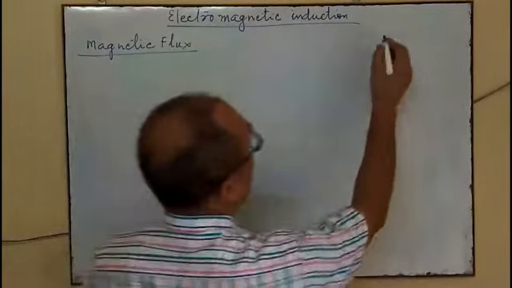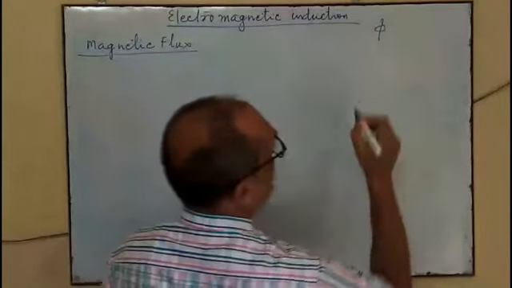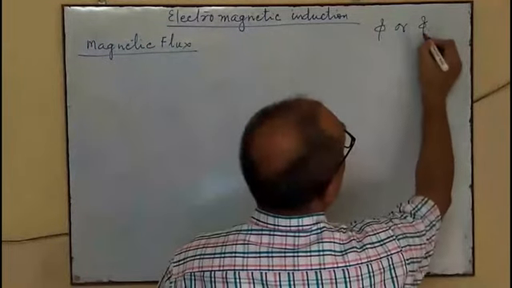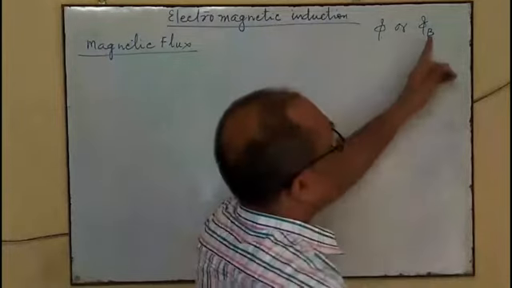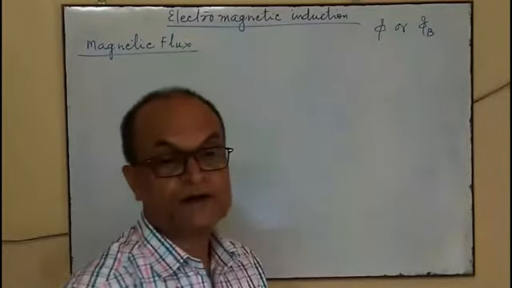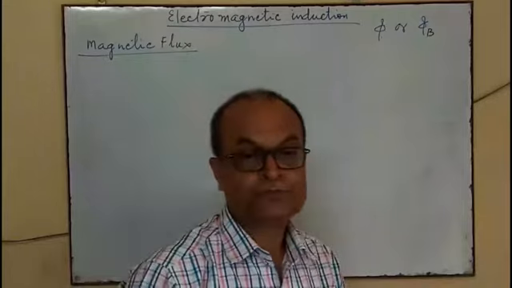Generally, magnetic flux is denoted by phi or phi B. This B denotes magnetic field.